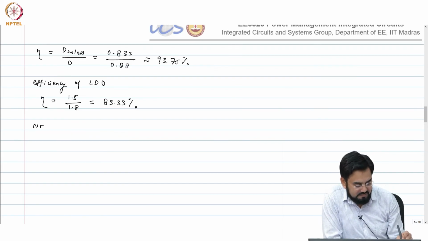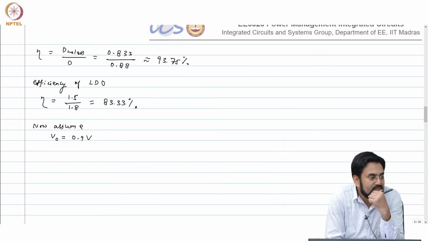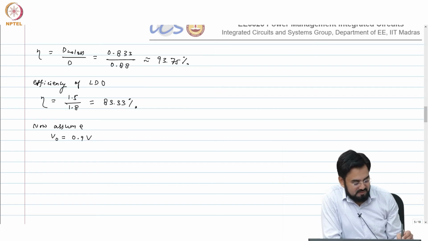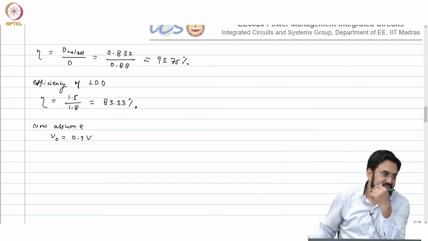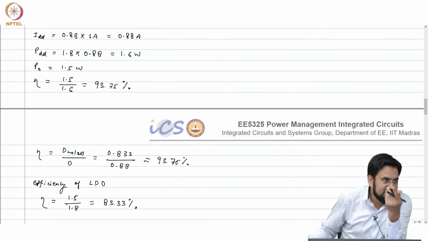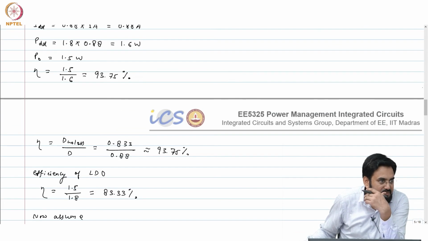Now assume everything remains the same, but V out is 0.9 volt, which is just half of your supply. Okay, so your losses will remain the same because resistance is not changing, load is not changing.